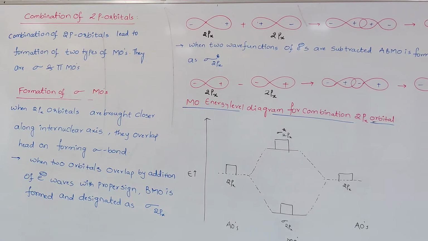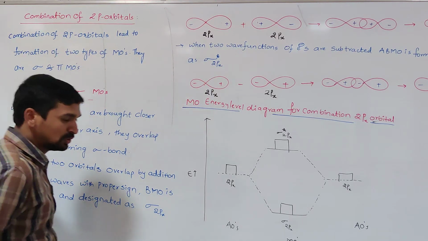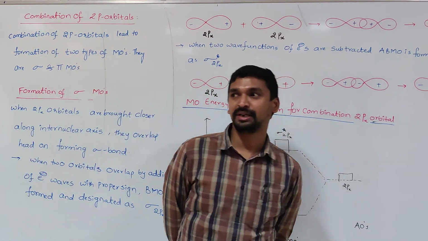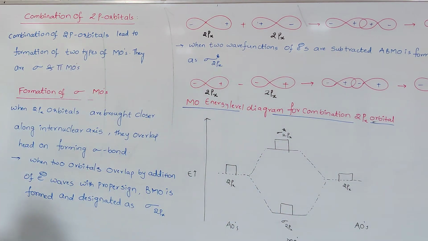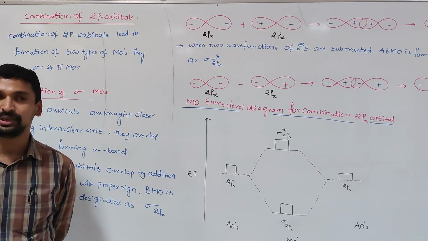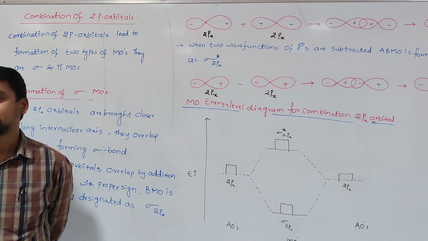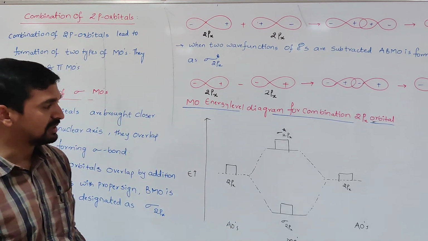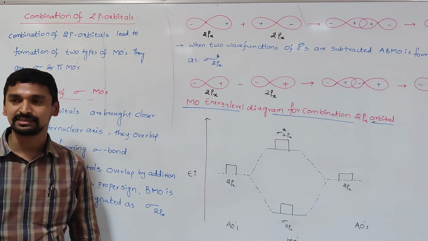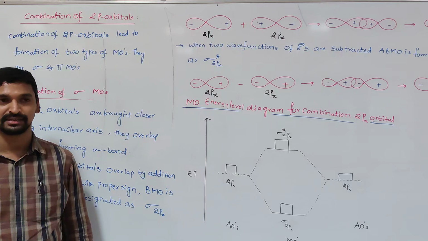So the next one after 2s is the 2p orbitals. The 2p subshell consists of three orbitals, namely px, py, pz. All these three are mutually perpendicular to each other, and among the x, y and z axes, the x axis is taken as the internuclear axis.